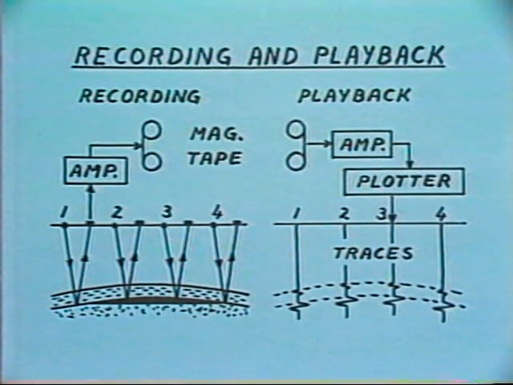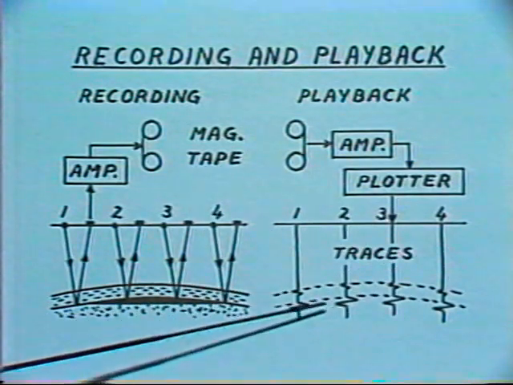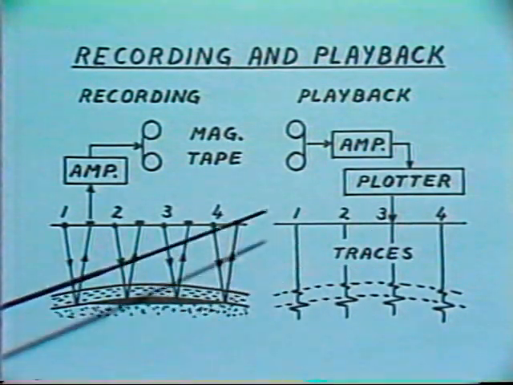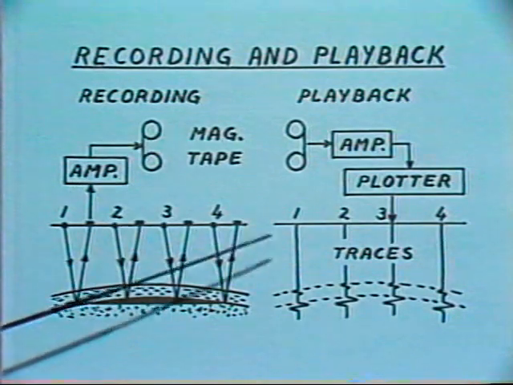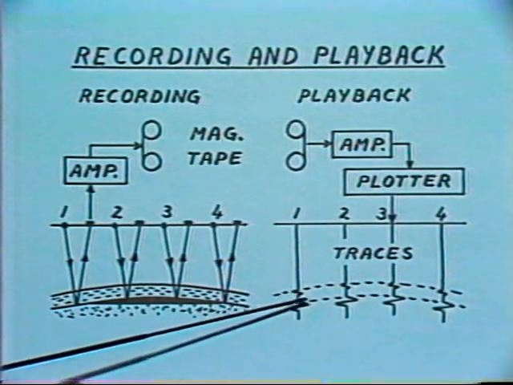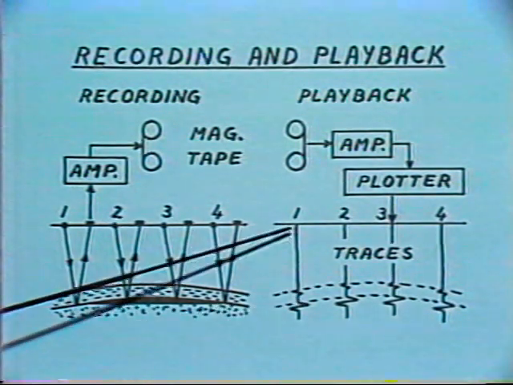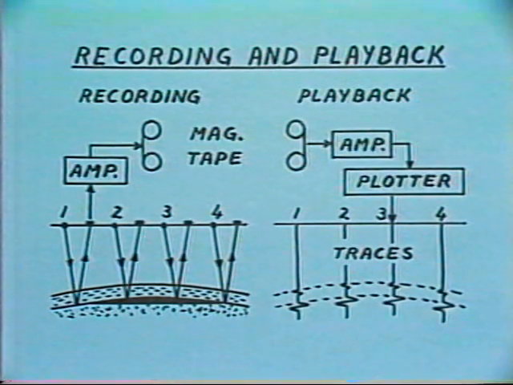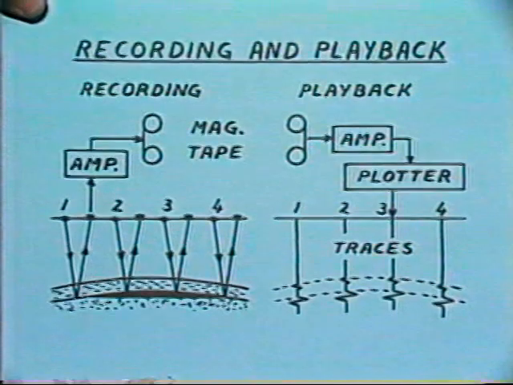Now, this picture, as it's shown here, is a very idealized one, in that we're seeing only the reflection events on the traces and nothing else. But in practice, it's not quite so ideal as that.